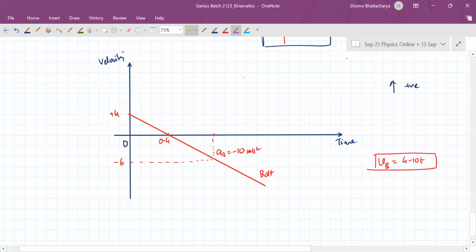But in the same thing, if we superimpose the velocity of the elevator as a function of time, we will see it's like this. The elevator is having an acceleration of plus 2.